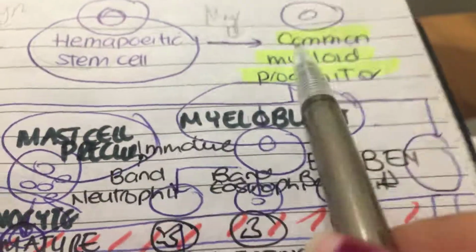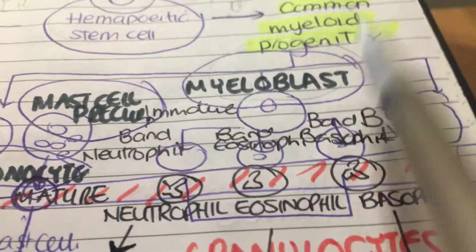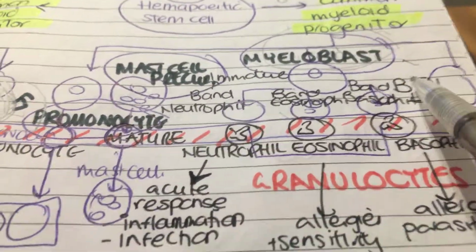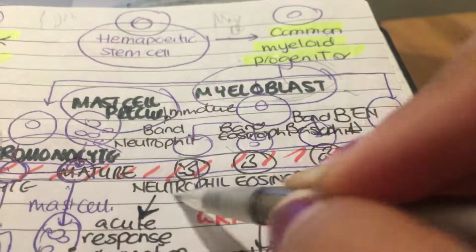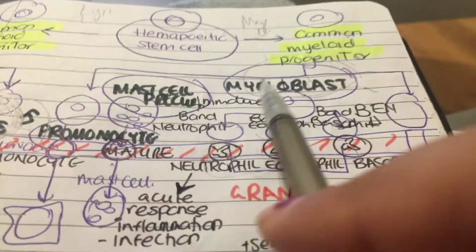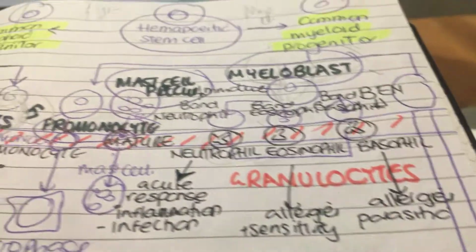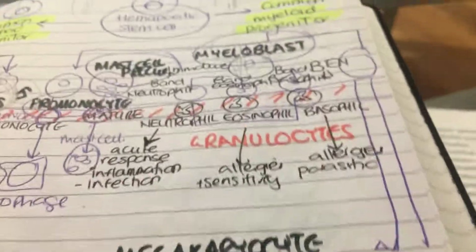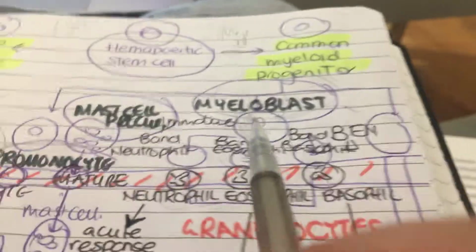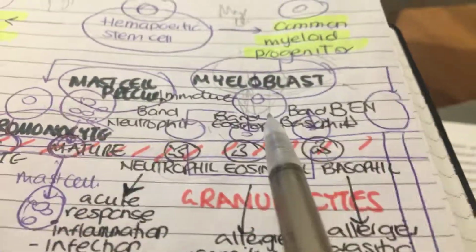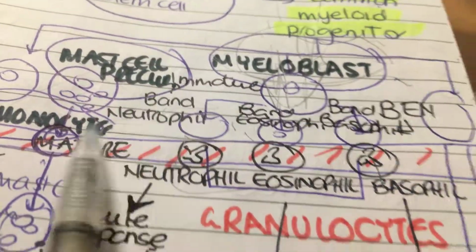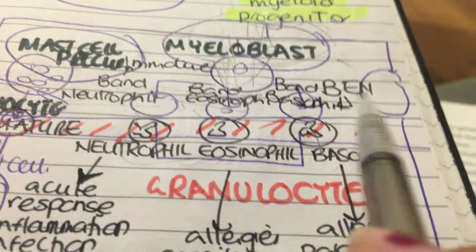Now, this common myeloid progenitor gives rise to something called a myeloblast. This myeloblast can give rise to many, many things. There's three things here. Common myeloid progenitor can go into a myeloblast and produce a band neutrophil, a band eosinophil, or a band basophil.